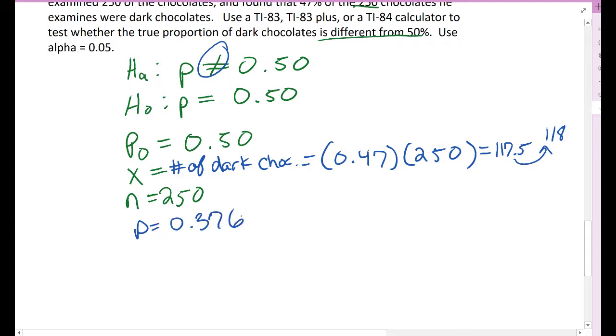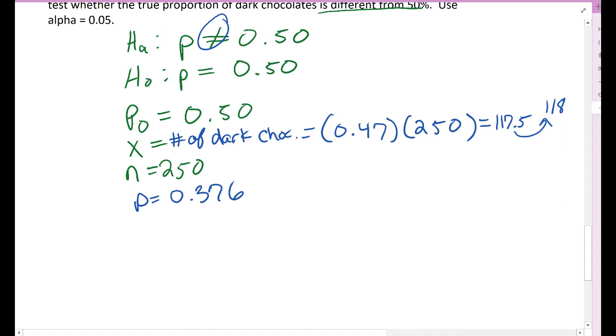Okay. And hopefully if you watched the previous videos, you know from here, same old song and dance. To make a decision, we take our p-value, compare it to alpha, which was 5%. Told us that right up here. 0.376 is greater than alpha of 0.05.